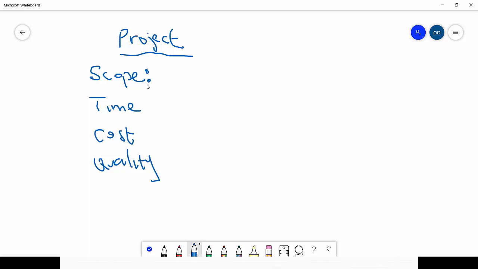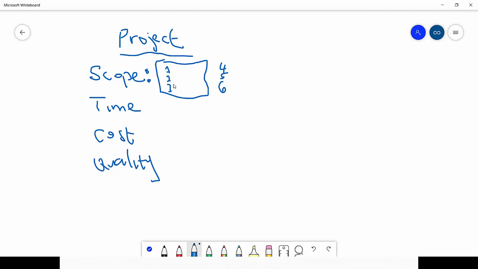When you talk about the scope of any project, the scope is what defines the boundaries of that project, okay? And boundaries keep things in. What should be in, it keeps them in. What should be out, it keeps them out. So if your project is supposed to do 1, 2, 3 things, it means that the scope of your project is the 1, 2, 3 things that you have to do. 4, 5, 6 is not in scope for the project.